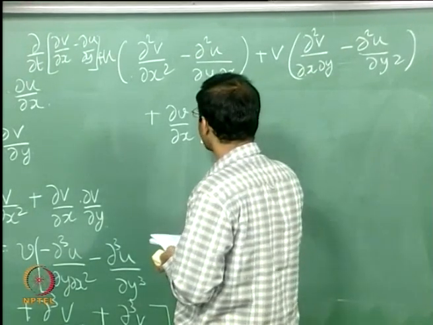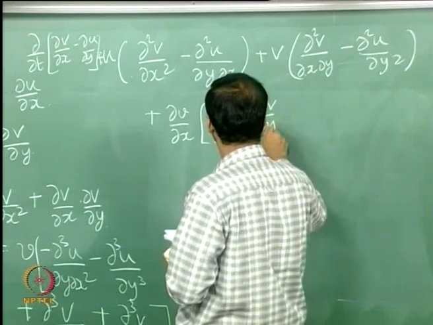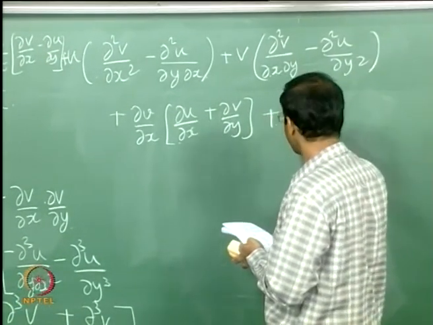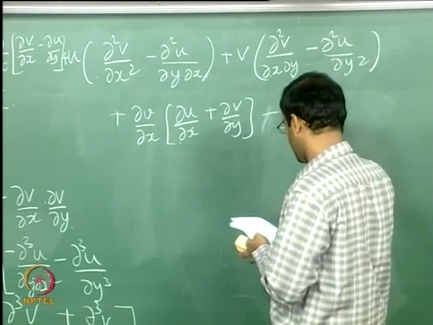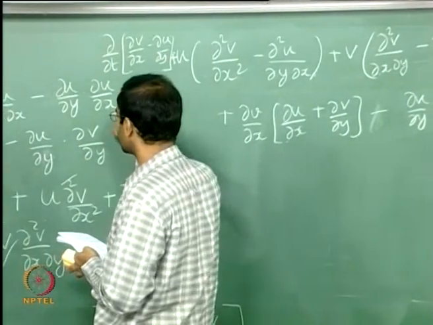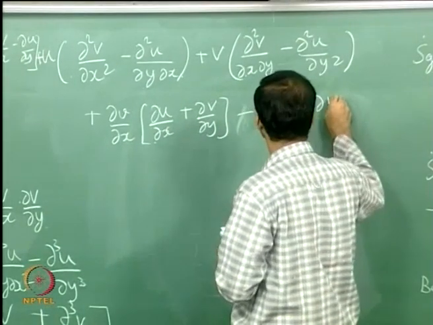This is a nice trick to eliminate all the unnecessary terms, okay. Plus next I am going to take du, so this is actually minus du by dy out, so you have du by dx and dv by dy, so that will also be satisfying continuity.